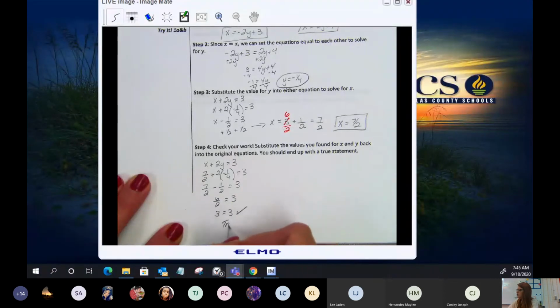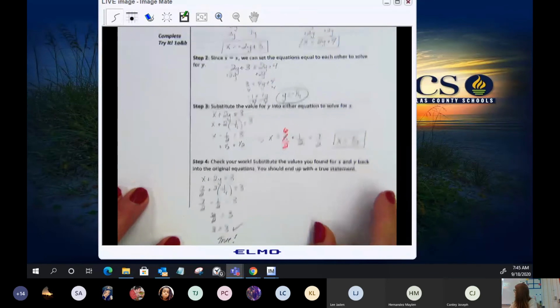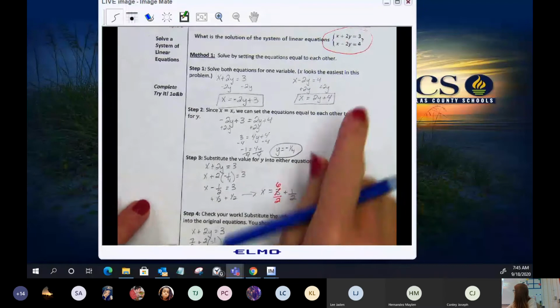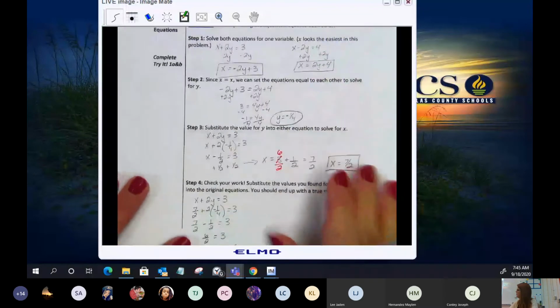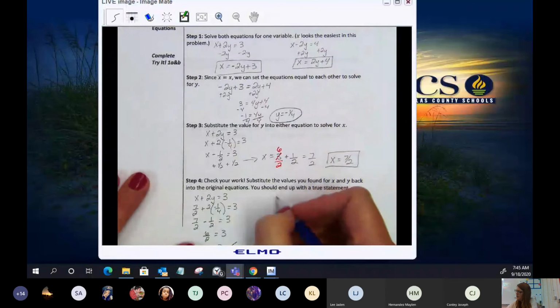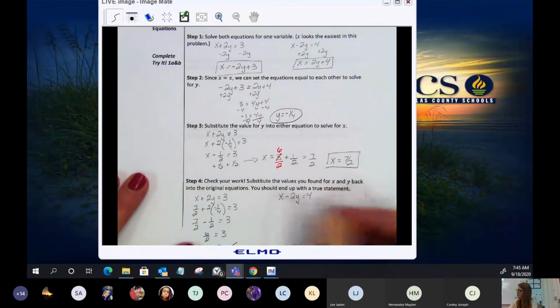So this is true. So it worked for that equation. Let's double check and make sure it works for the second equation. My second equation is x minus 2y equals 4.